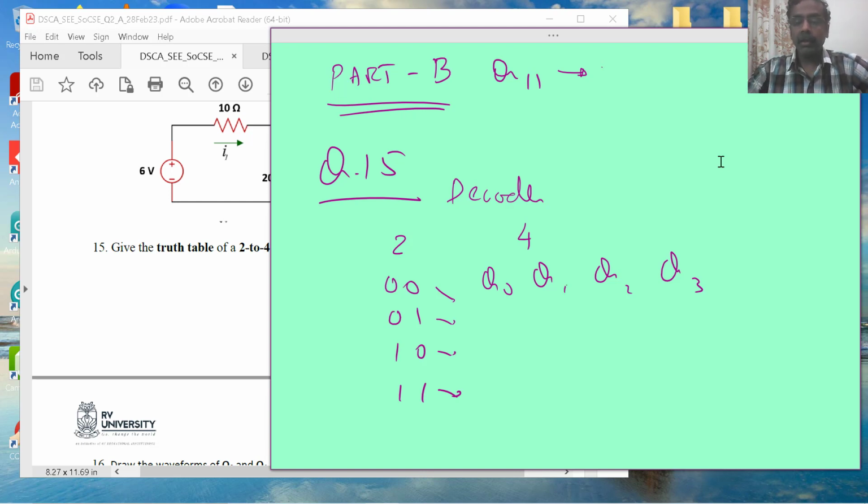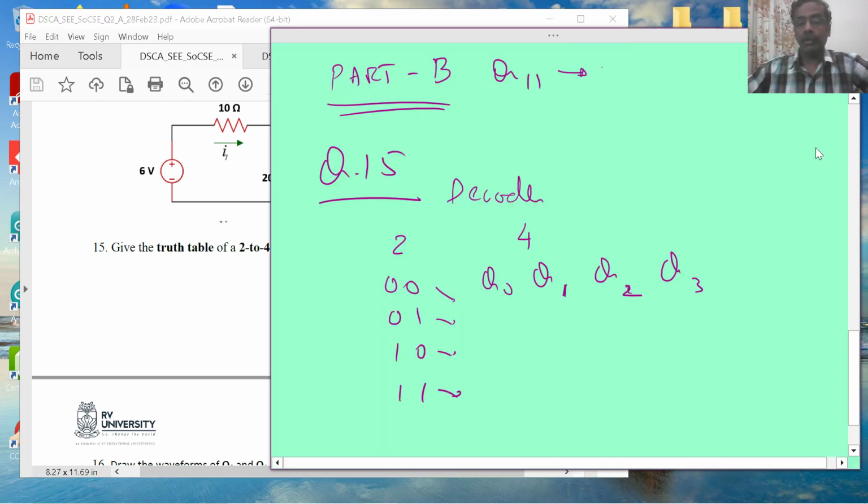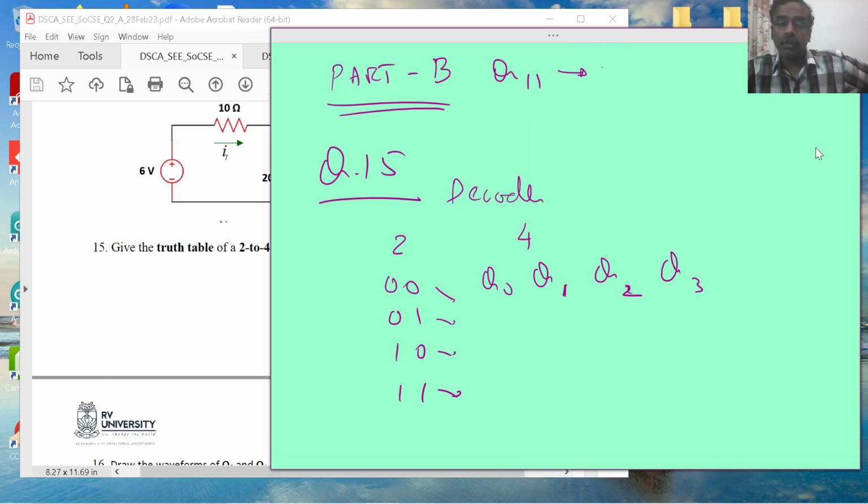Only one of these outputs should be 1 or 0. Now what is that active low output? Active low output means, as I told you, it should be 0 to indicate that Q0 is being decoded. That means this is 0, the rest of it is 1. Okay, active low, remember active low.